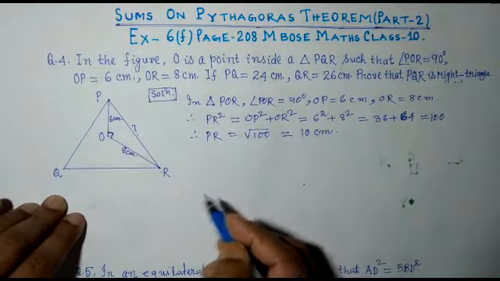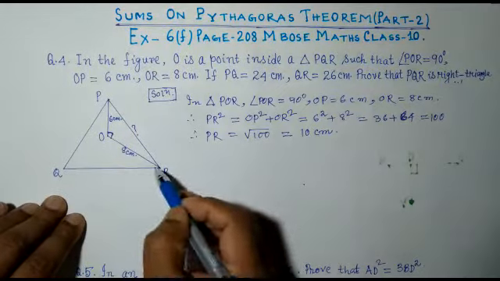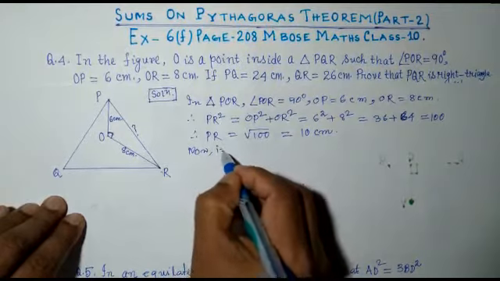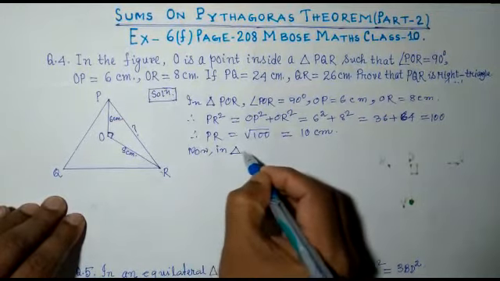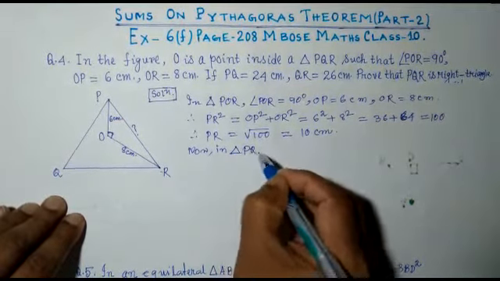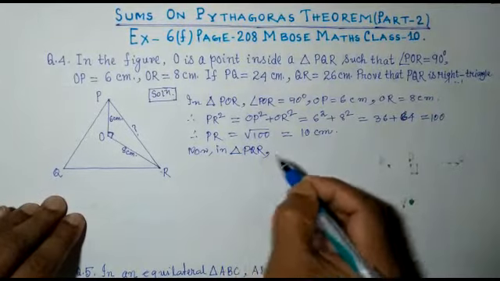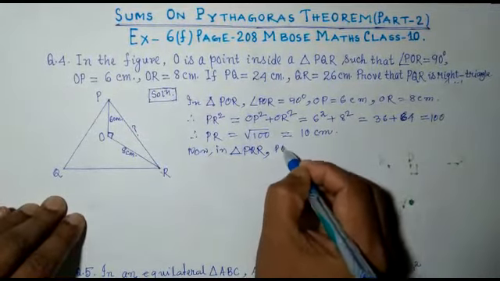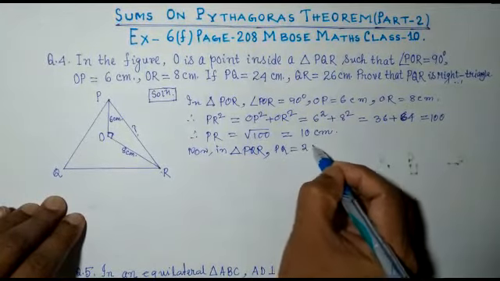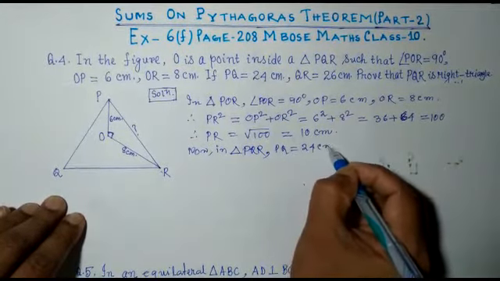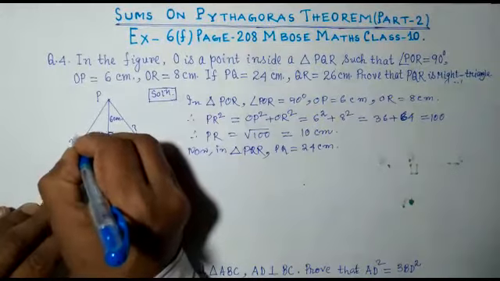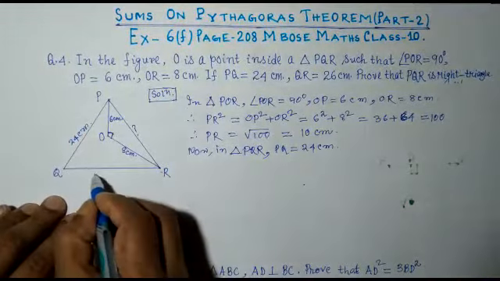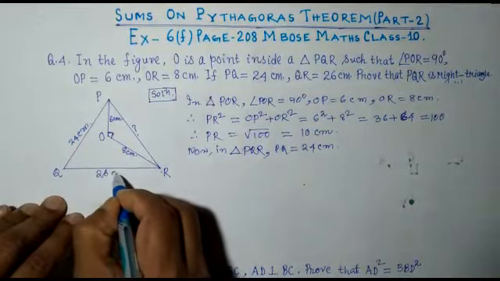Now look at the original triangle PQR. Now in triangle PQR, see what are the three sides. PQ is given in the question, PQ is 24 centimeter. QR is given 26 centimeter, that also we can write.